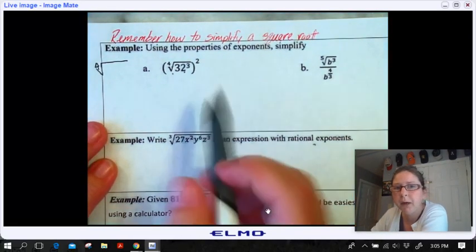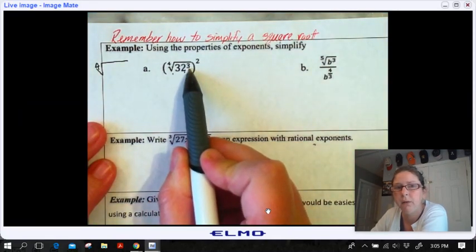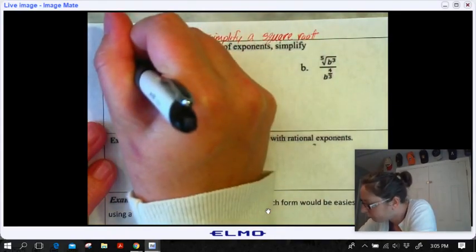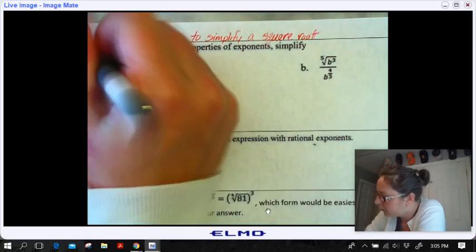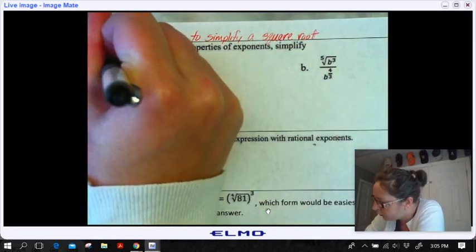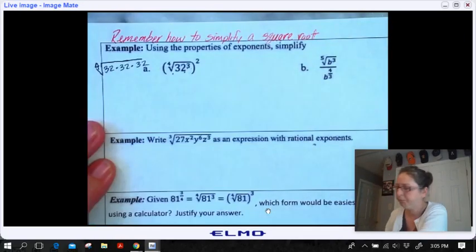So I'm going to break this 32 down 3 times because there's 3 of them. That's what that cube means. So 32 times 32 times 32.